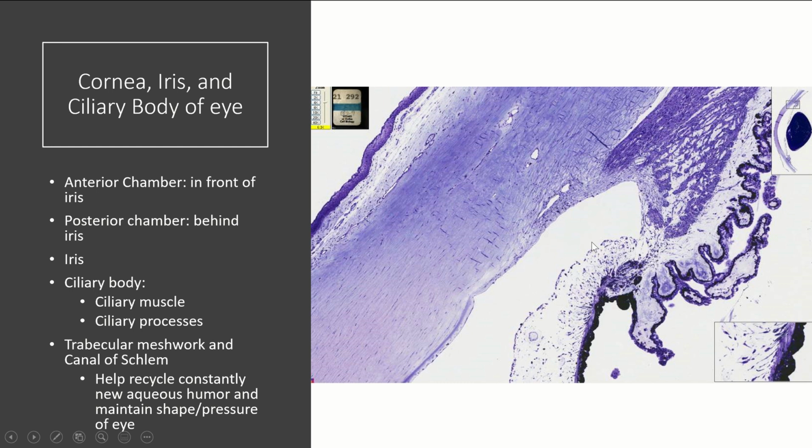Okay, because we said we are constantly producing this aqueous humor here, and so it needs an outlet, and so it filters through the trabecular meshwork and out the canal of Schlemm.